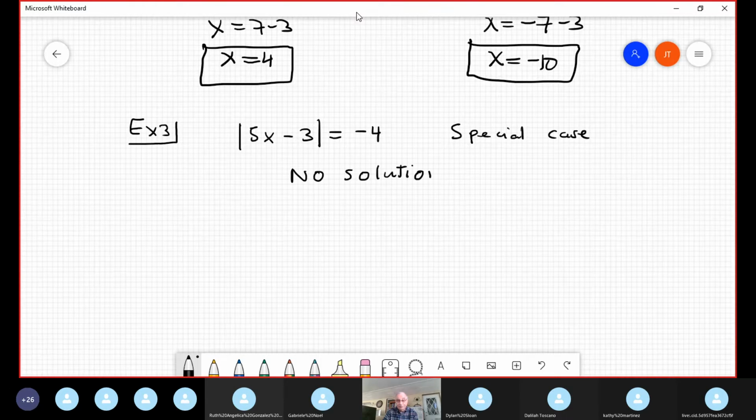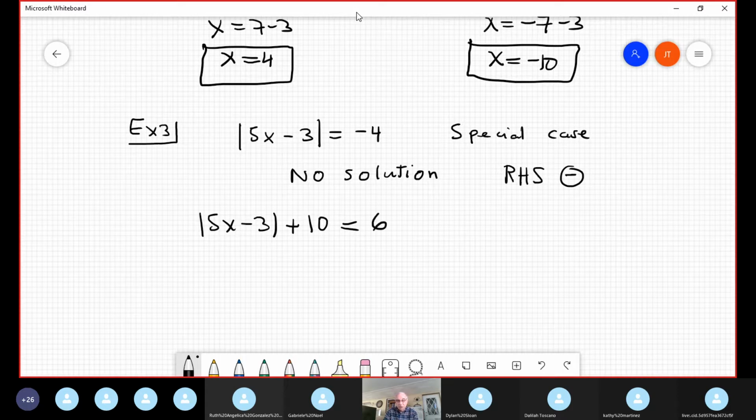Okay, so be aware: when the right-hand side of an equation that contains absolute value is negative, we have immediately no solution. But sometimes it's not totally clear. Suppose the same problem, suppose absolute value of 5x minus 3, plus 10, equals 6.